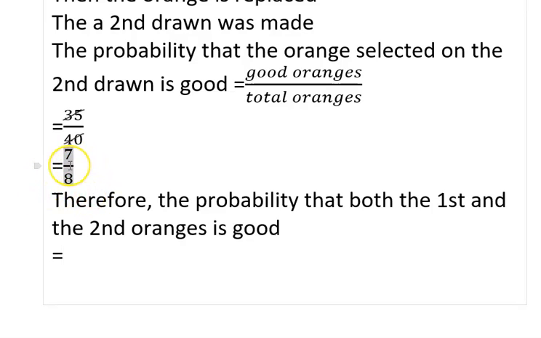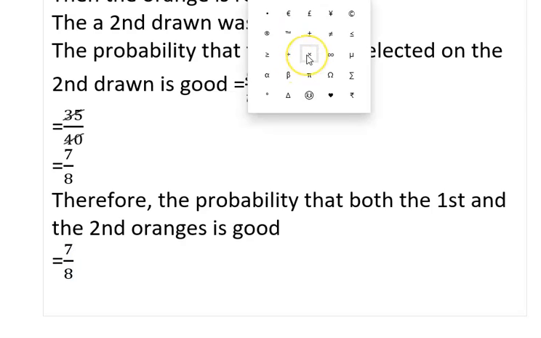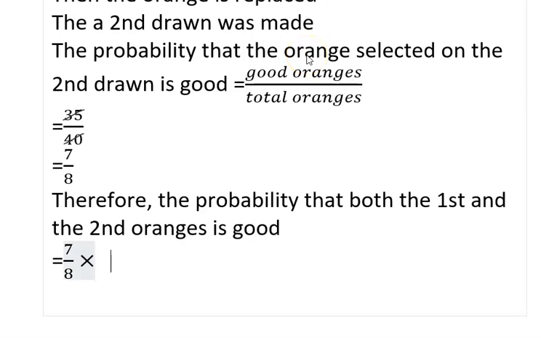So don't forget this, when the first one was drawn, it was replaced before the second one was drawn. So this is the first one and this is the second one. The two were drawn.